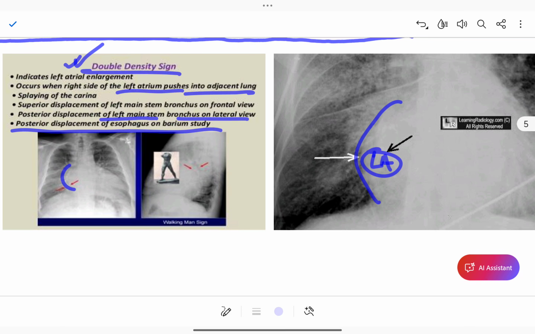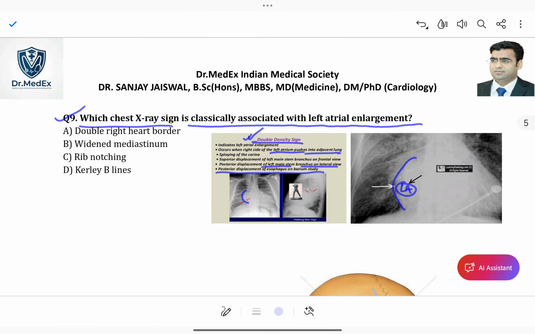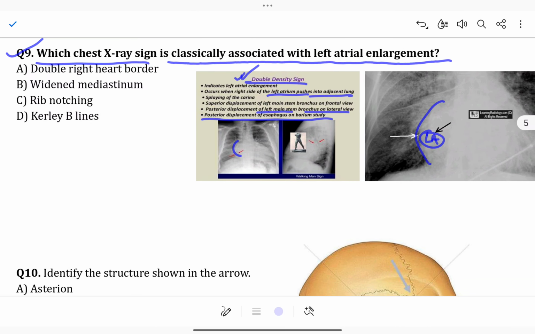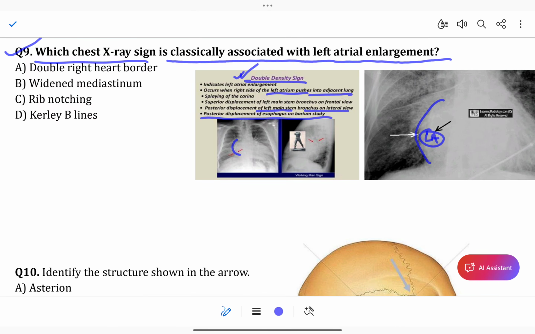Okay, come to the question now. Which chest X-ray sign is classically associated with left atrial enlargement? A, double right heart border.